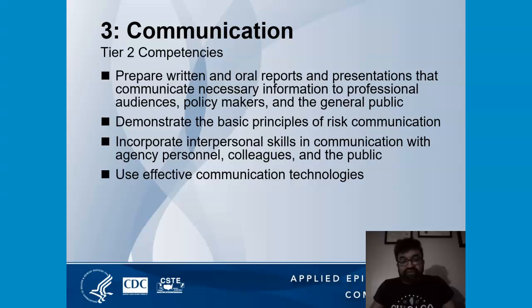And then, of course, you have communication, which is important, not only written but oral communication. Additionally, risk communication is an important basic principle and should be a skill that all public health professionals or epidemiologists have. And then also incorporating interpersonal skills and communication with agency personnel, colleagues, and the public.